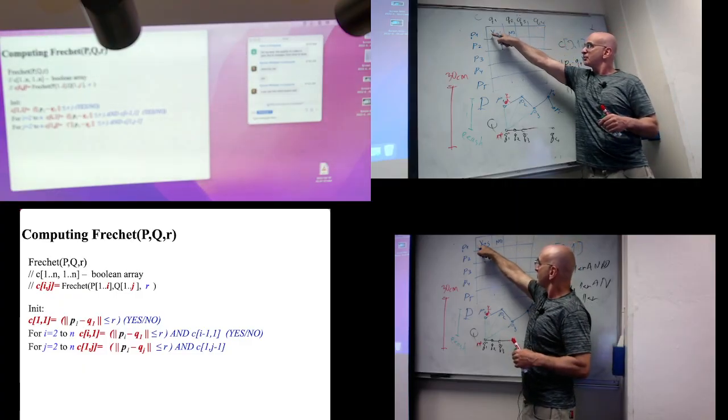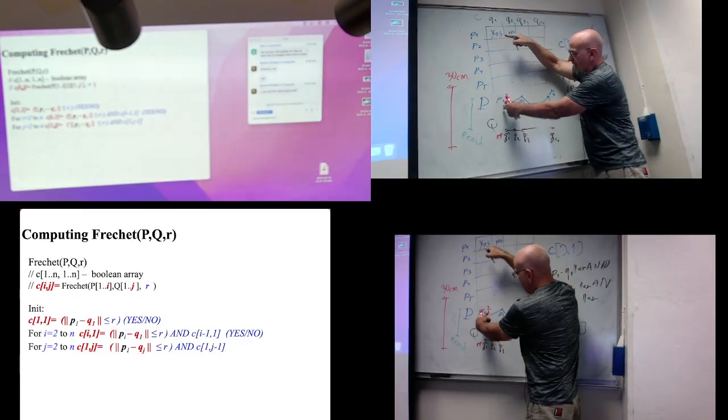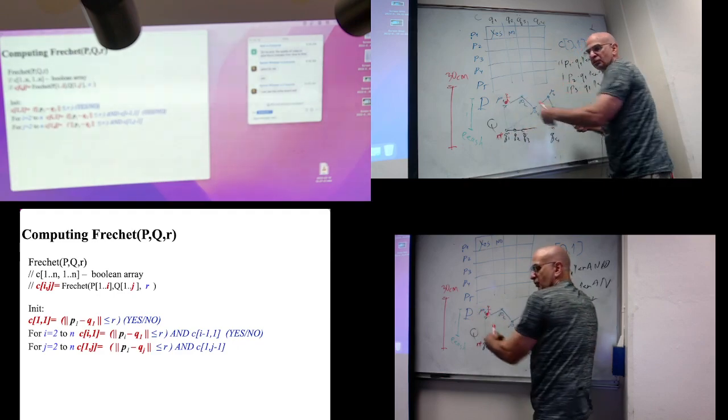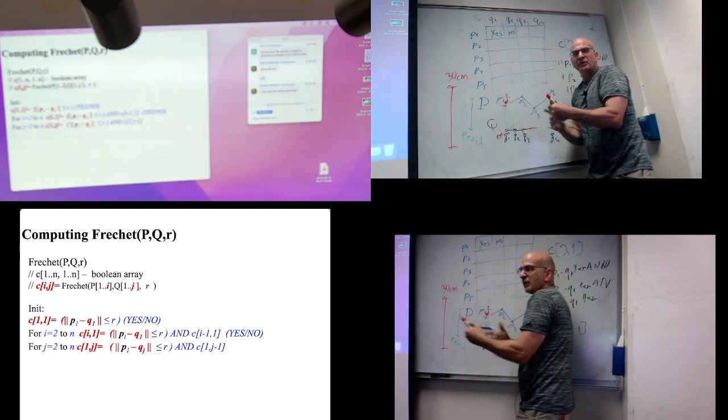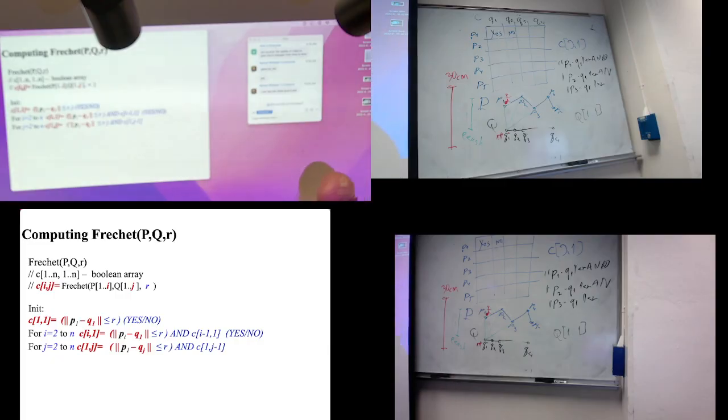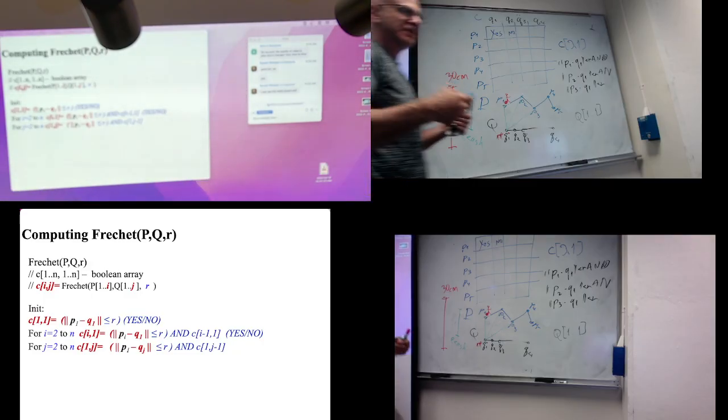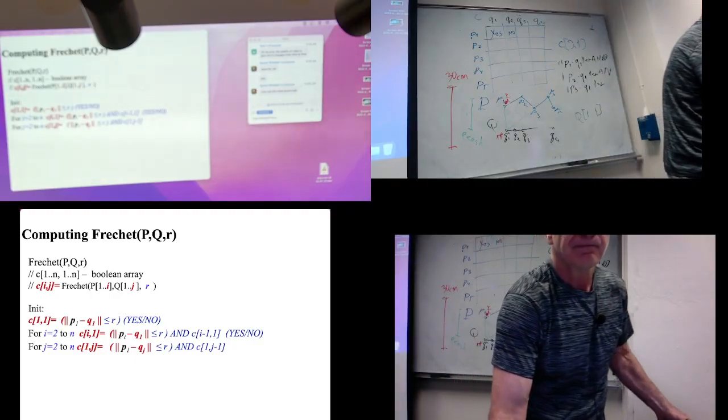Because it means you cannot have the person stuck here and the dog continue all the way using only a leash of length R. And once again, R is some number that you decided about, the first player told you about 17 centimeters.